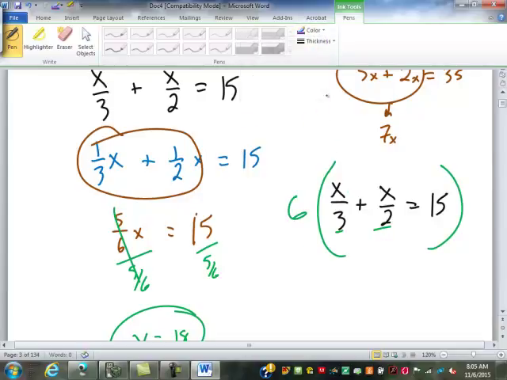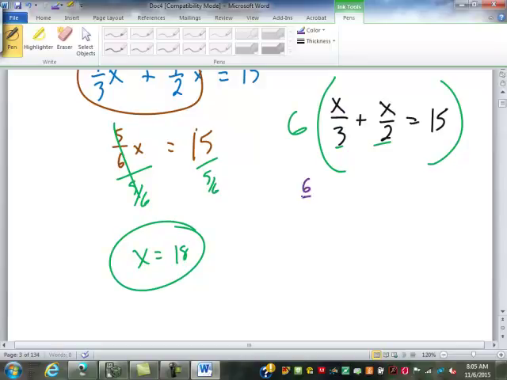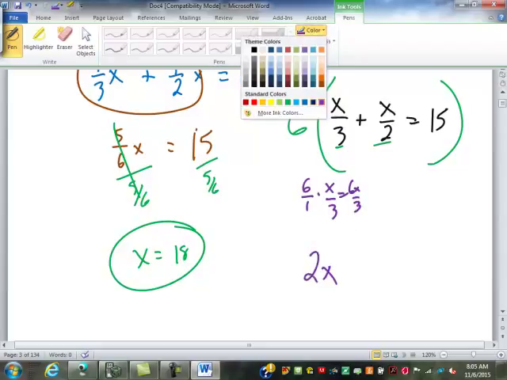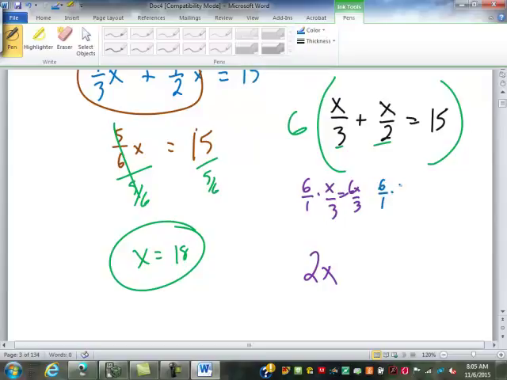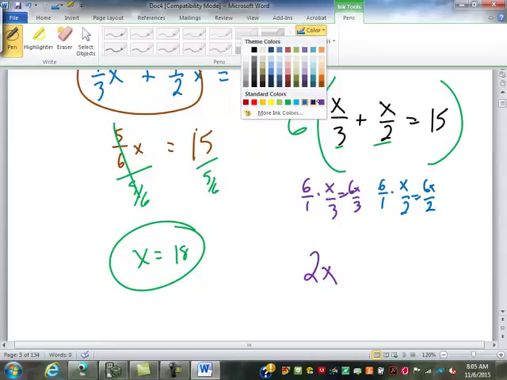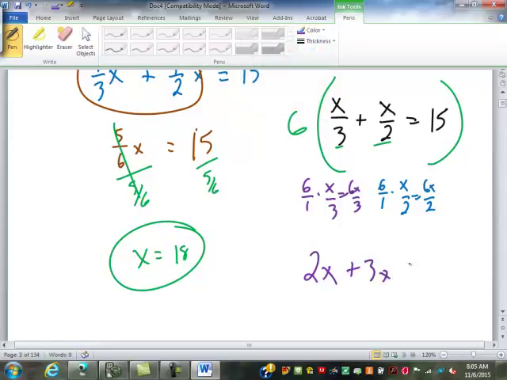So now you have 6 over 1 times x over 3, which is 6x over 3, which reduces to 2x. 6 over 1 times x over 2, which is 6x over 2, which reduces to 3x, equals 6 times 15 is 90.